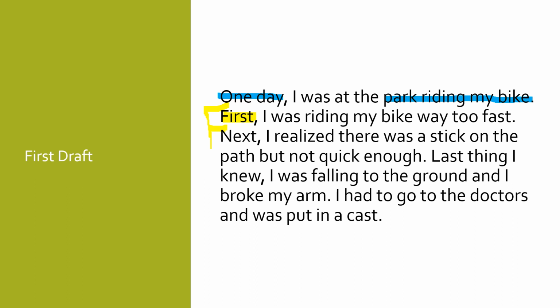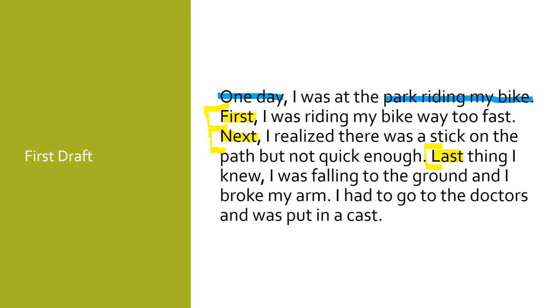Next, I realized there was a stick on the path, but not quick enough. So here's my second detail I had on my outline. Last thing I knew, I was falling to the ground and I broke my arm. So here's that last transition word and last detail. And the last sentence is our closing sentence.